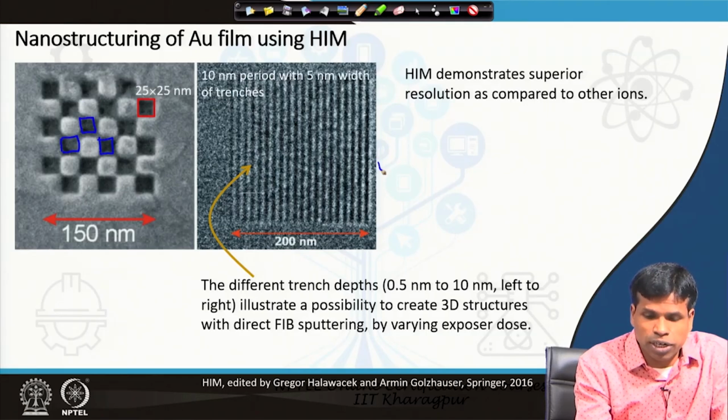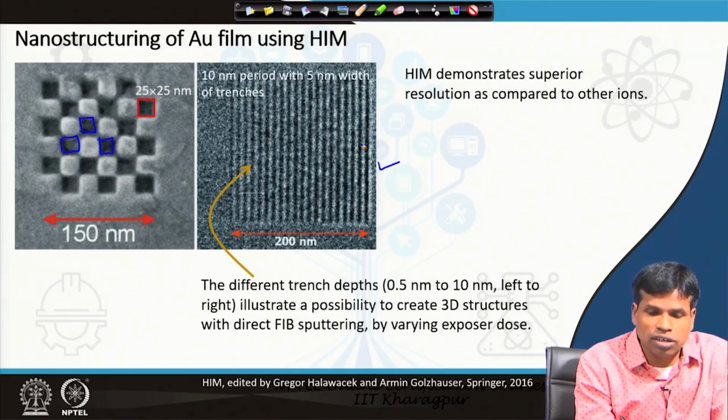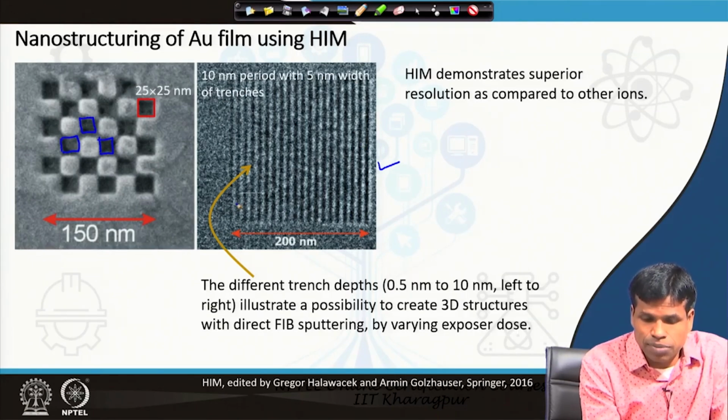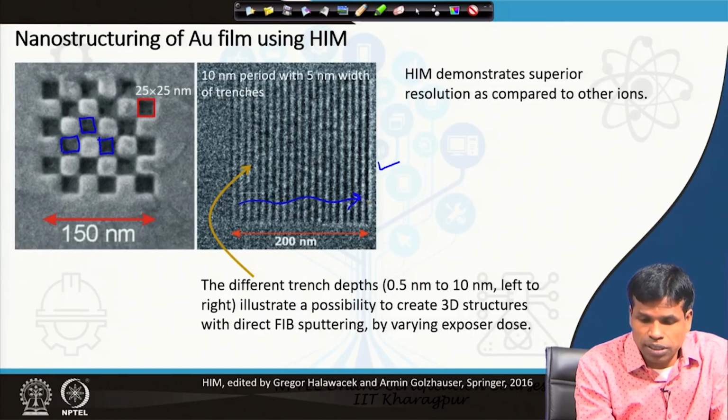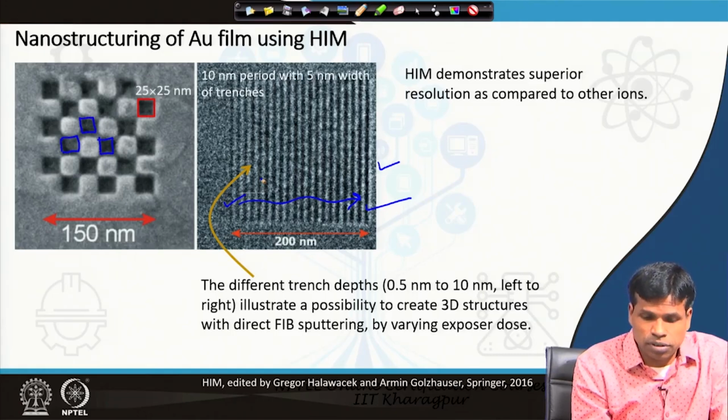And on the right side, you see trenches drawn of different depth. These are deeper than the left side one, by changing the ion dose on the specimen with a 10 nanometer period.